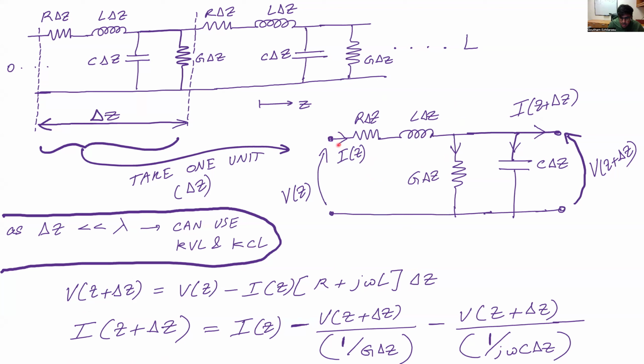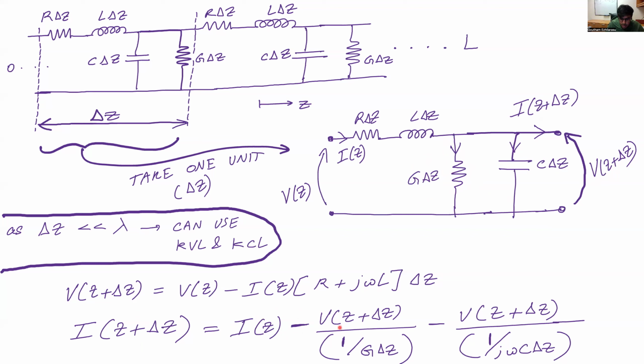You see that this current I of z is basically dividing into two, because some amount of the current goes through this conductance in parallel, and some amount is going to the shunt capacitance. And therefore, the current at I of z plus delta z is just going to be this current minus this current plus this current. So it's going to be I of z minus what is this current? It is the voltage across this node here, which is V of z plus delta z, over the impedance of this node, but because it's a conductance, the impedance is going to be 1 over G delta z.